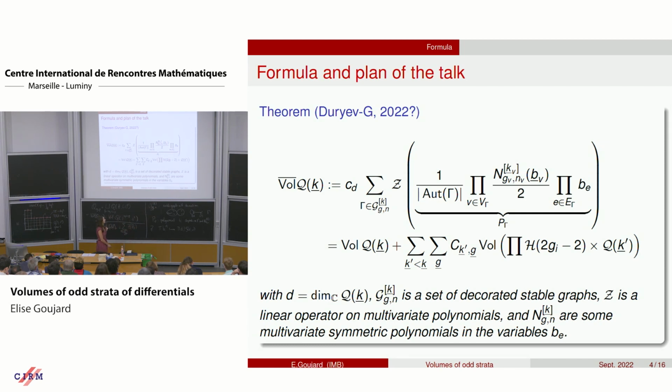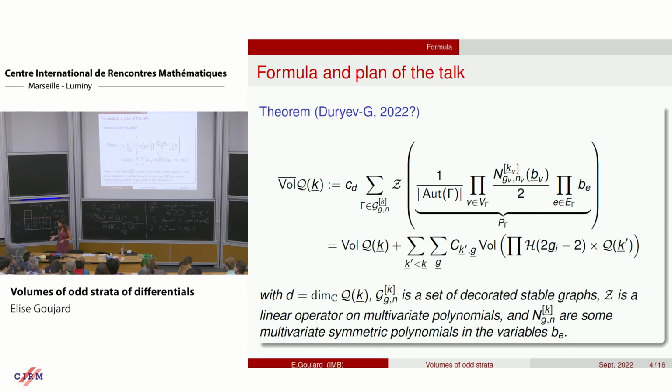And then that the dimension of the product here is the same as the dimension of the initial stratum. So I'm really emphasizing here that I don't work with projectivized strata. I work with the regular strata, so the dimension is really the sum of the dimensions of the strata.